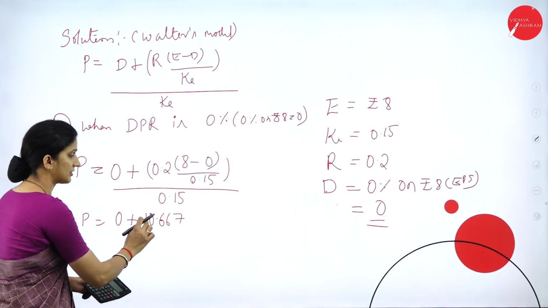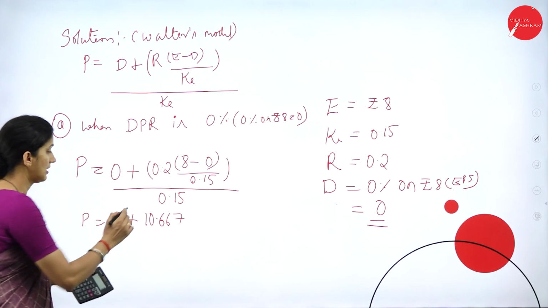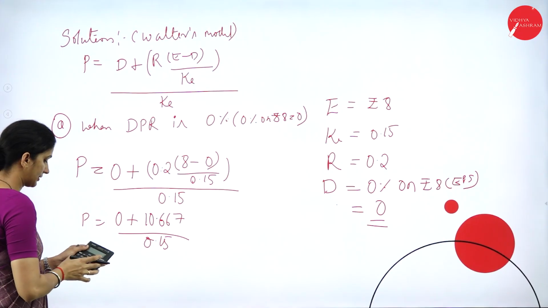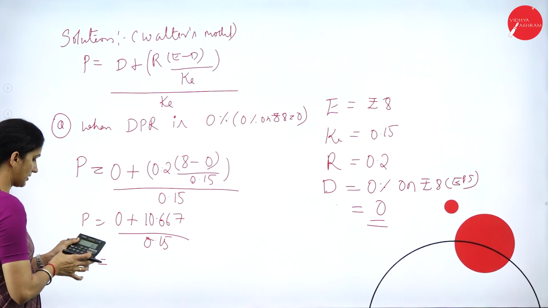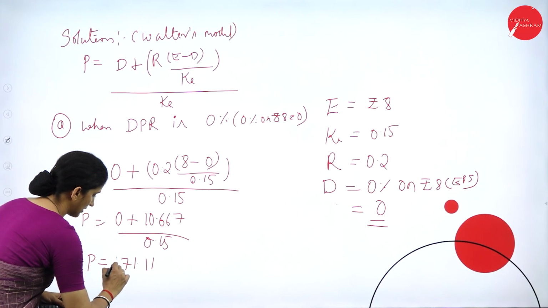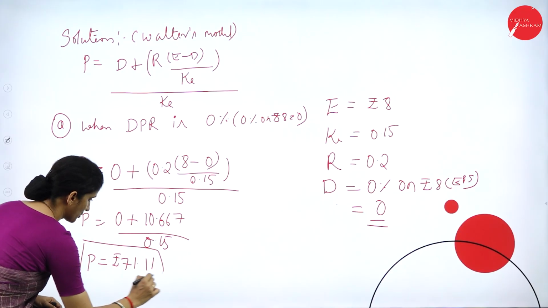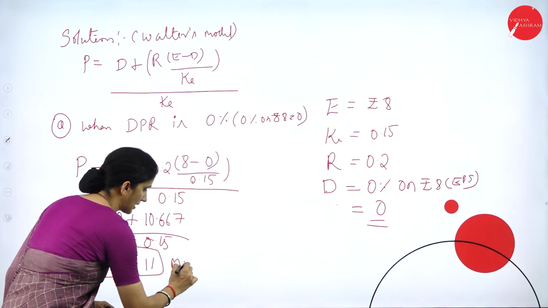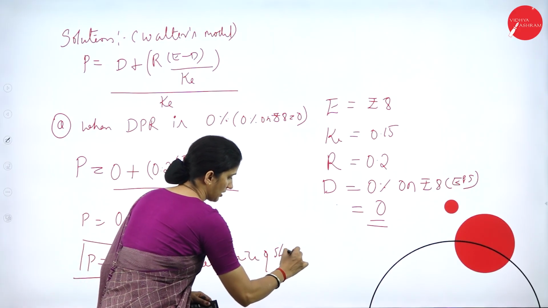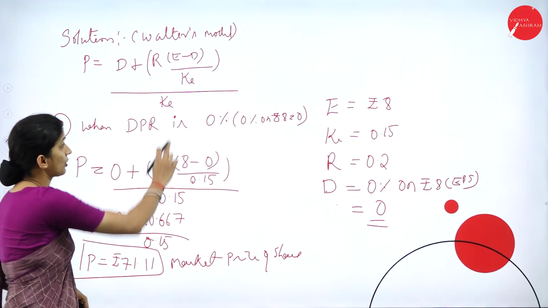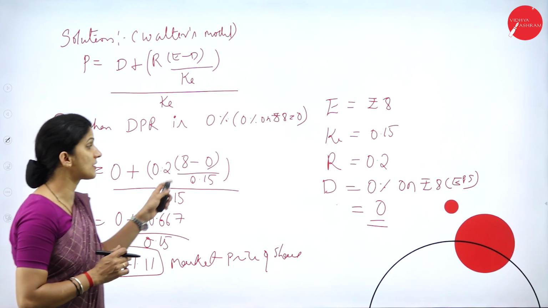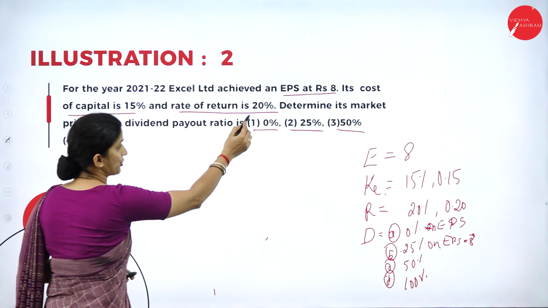So the answer we are getting is 10.667 divided by 0.15. So P is equal to 10.667 divided by 0.15, which is 71.11. This is rupees 71.11, the market price of share when the dividend payout ratio is 0%. So that is the first situation, when the dividend payout ratio is 0%.